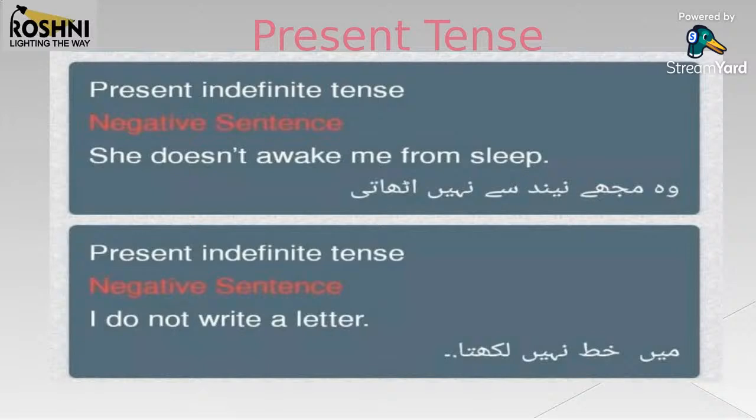अब यहाँ पे in the negative sentence you have to look at the subject for providing the es and s concept. In the affirmative, you have to look at the subject as well as the ending.